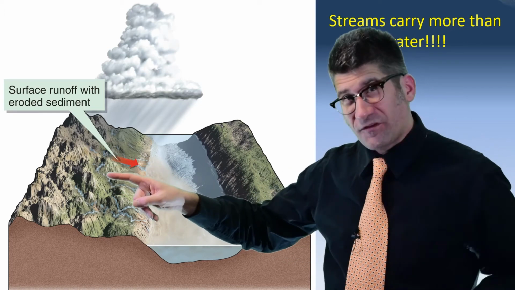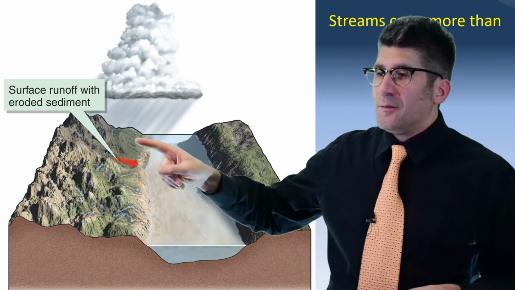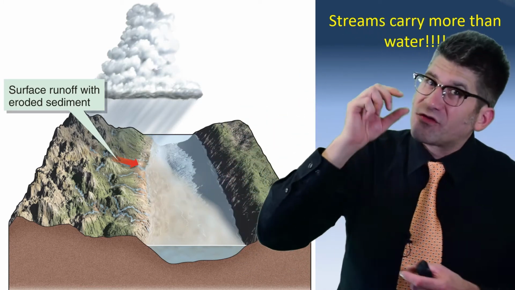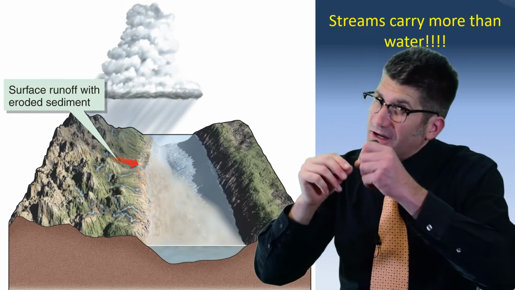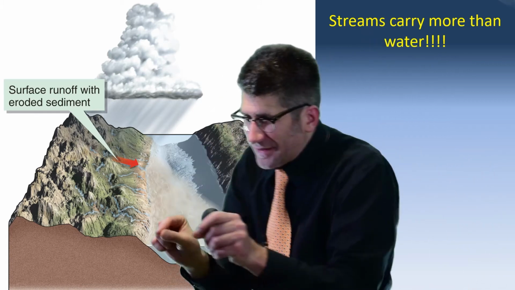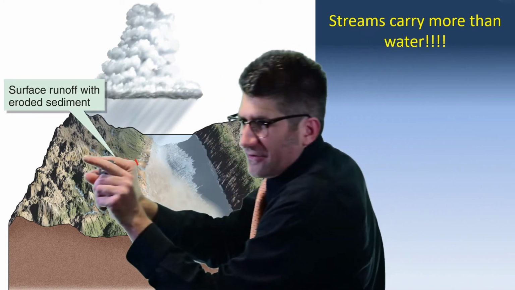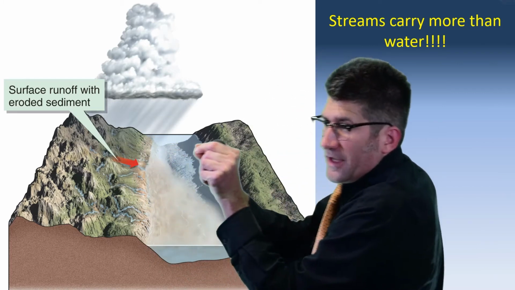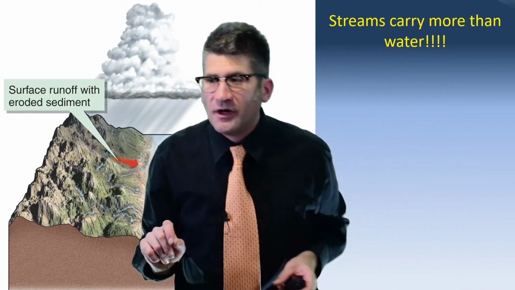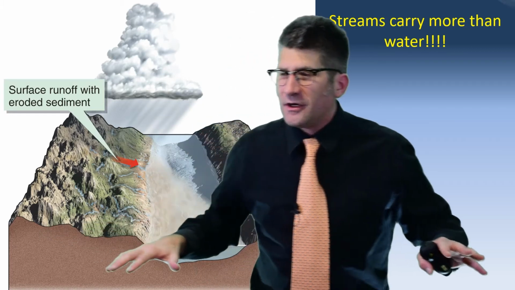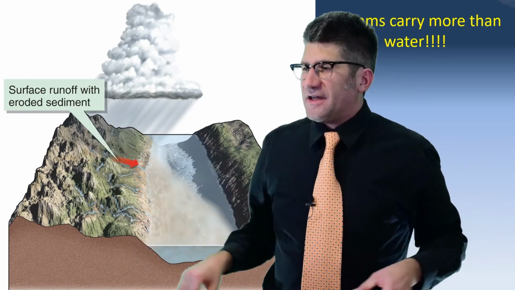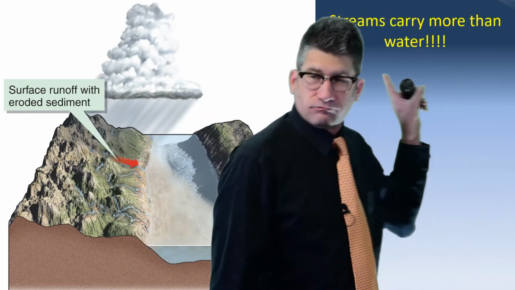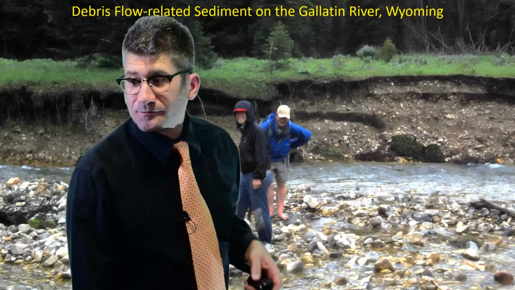Remember that from geomorphic hydrology? Excellent. But also that overland flow is going to have shear stress, and so it's going to entrain sediment, pick it up, and dump it right there into the channel. So we're entraining sediment in the water on the slopes and dumping it in. So streams carry more than just water.